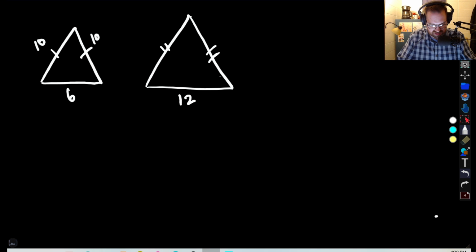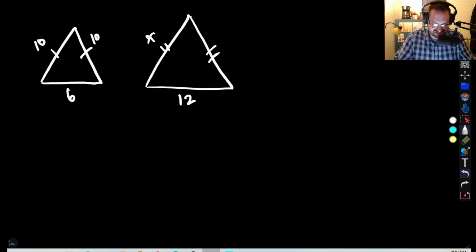So the length of the base is to the length of the side of the small, as the base of the large is to the side of the large. That was confusing. Let me just write it down.